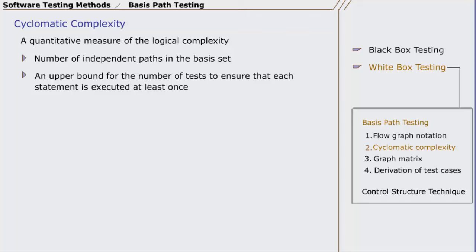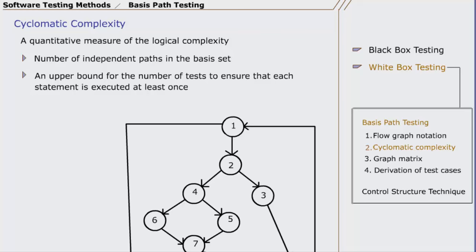An independent path is any path through a program that introduces at least one new set of processing statements or a new condition, that is, a new edge. Example shown has cyclomatic complexity of 4, which can be calculated by any of the three methods discussed here.